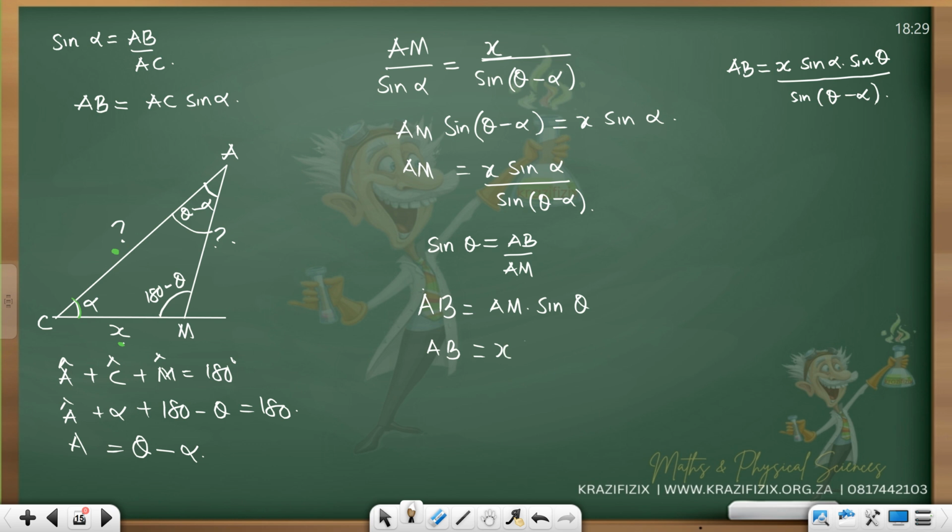X sine alpha over sine theta minus alpha, multiplied now by what? Five marks. Beautiful. Oh, I thought we were starting on something very easy, but we had to be dribbled round and round and round and round.